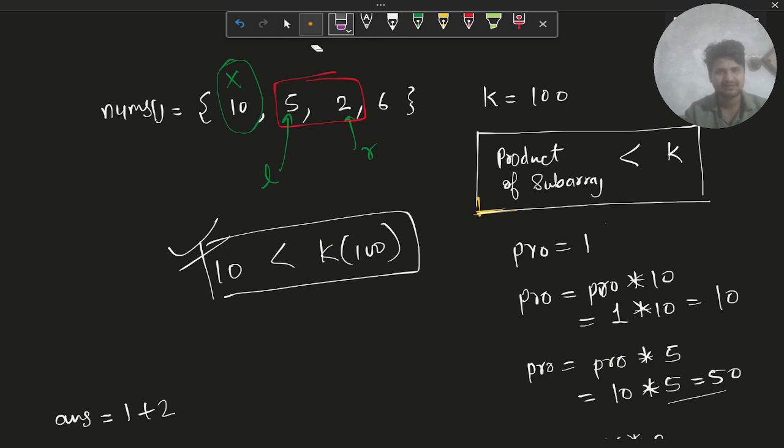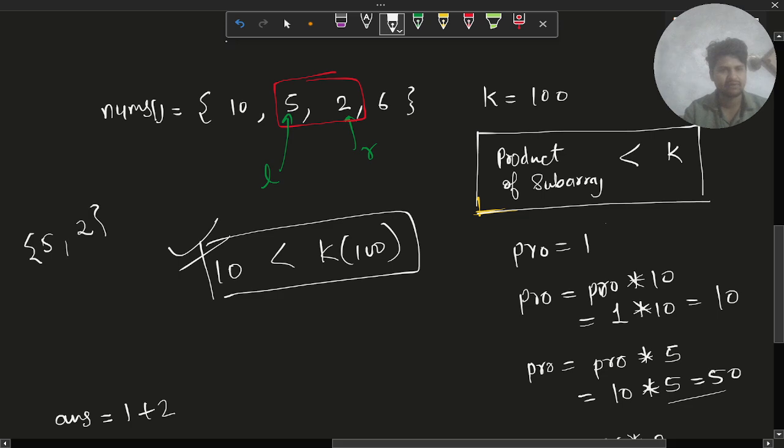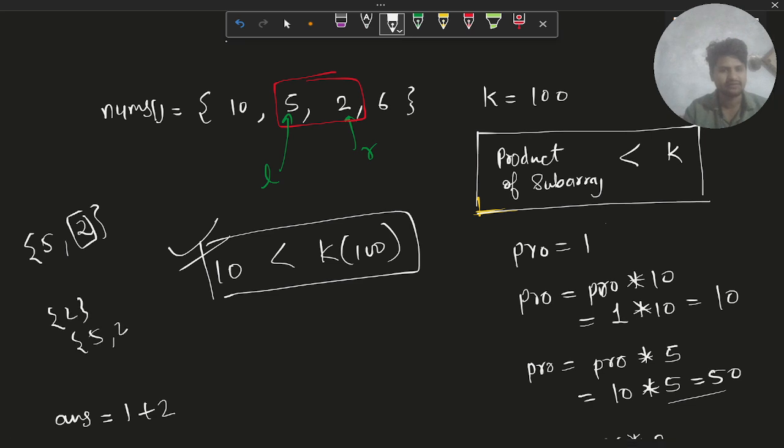That means this window is the subarrays we are looking for. So how many subarrays can we form? Let's say you have 5 and you have included 2. So this 2 is a subarray, and 5 and 2 is another subarray.